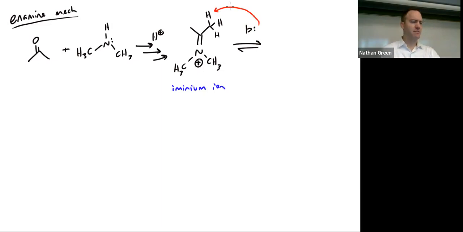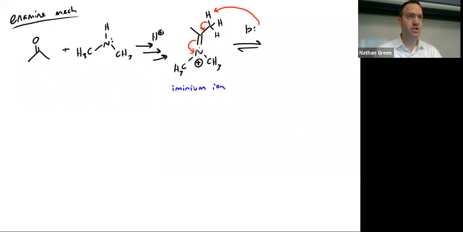Now, it seems funny that the base would react with this, but once this nitrogen becomes positively charged, those protons become very acidic, because this is kind of an allyl unit, right? It's a double bond next to a single bond. So this hydrogen is electronically connected to that nitrogen. If you don't believe me, which you totally should, you can push the carbon-hydrogen bond to a carbon-carbon bond, and then push the carbon-nitrogen bond onto the nitrogen.